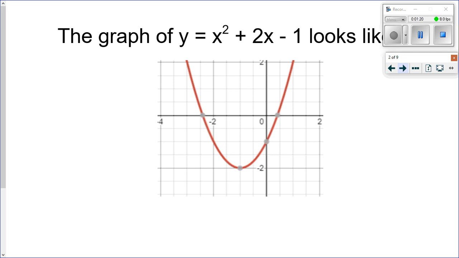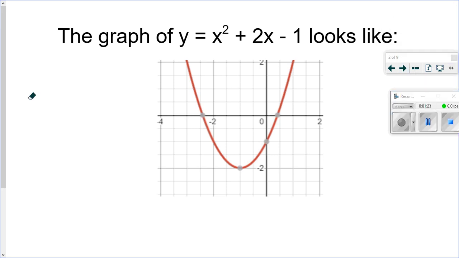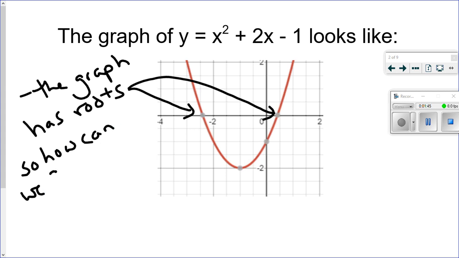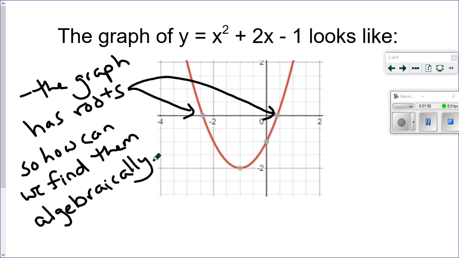Sorry, when it comes to spelling the word algebraically, I need to stop and think about that one.